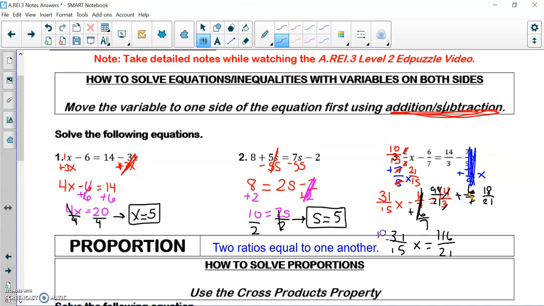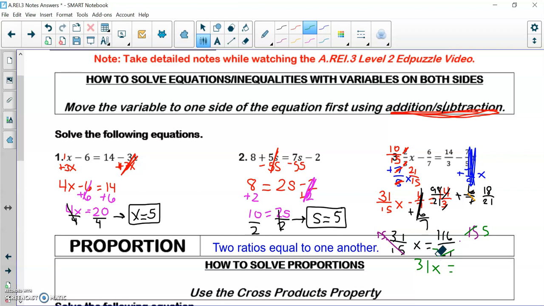You could take care of that division by 15 and simplify and have this be 31x is equal to, now simplify the 15/21 because they're both divisible by 3, so that's a 5/7.